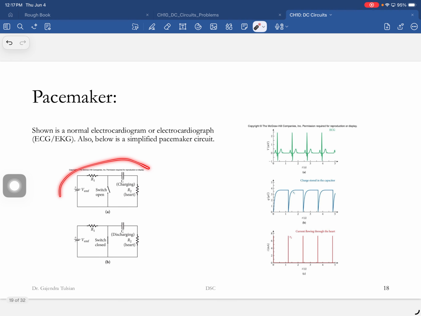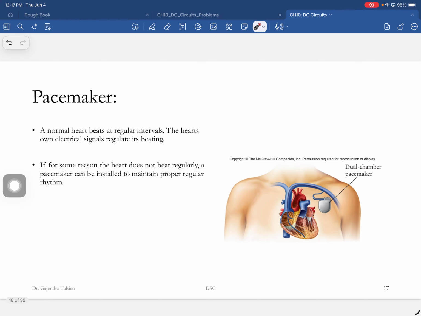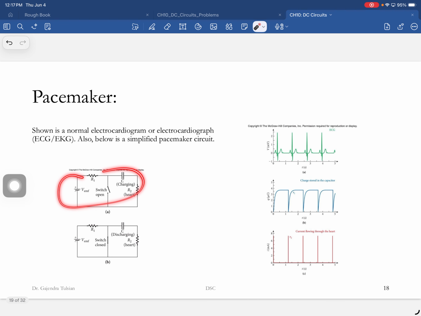So here is a circuit, and here is the battery. That device has this circuit and battery. I don't know what they do these days, if you can wirelessly charge them or you have to replace the battery.